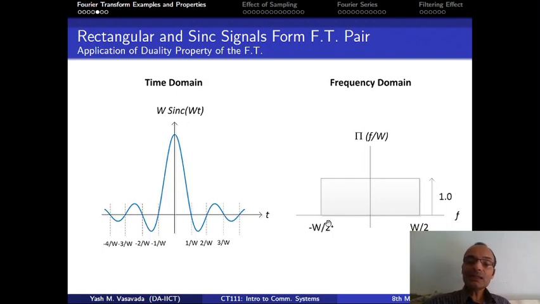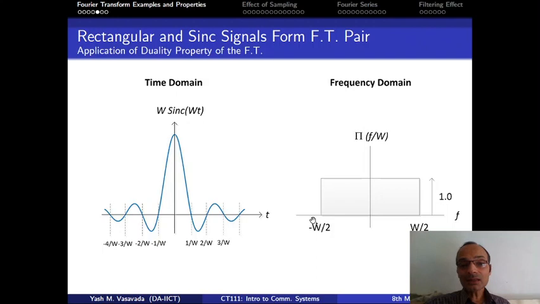The second thing that it tells us is that if our bandwidth becomes larger, then our SINC pulse will become smaller in the time domain. And that makes a lot of sense. If you are operating over a large bandwidth, capital W, then by the information theory, the channel capacity theorem that we have studied at the beginning of the semester, the data rate that we can use goes up.